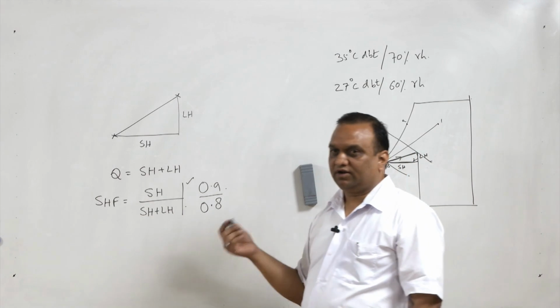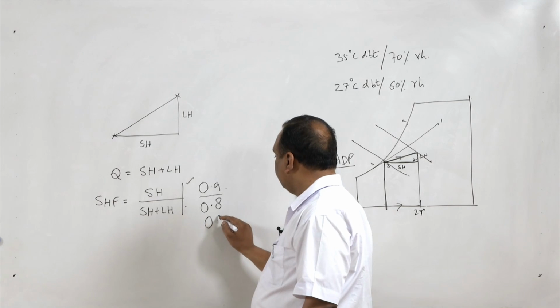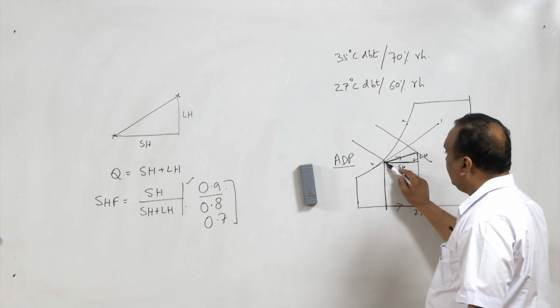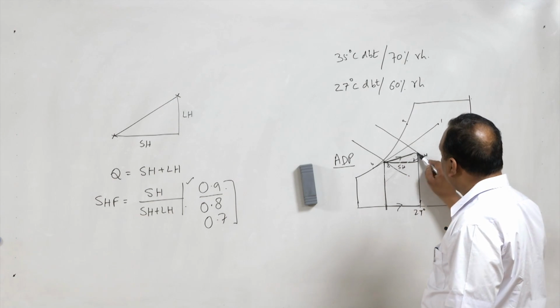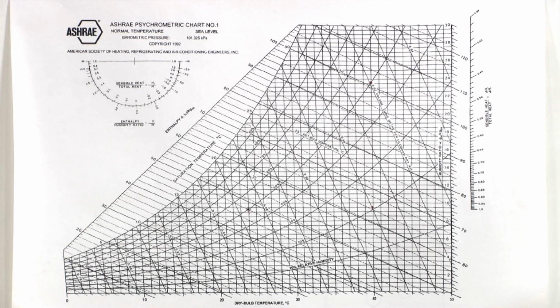In a discotheque or a dance floor, the sensible heat factor may be 0.7. So, the moment we decrease the sensible heat factor, the slope of this line keeps on increasing. I will show you the sensible heat factor on a psychometric chart.